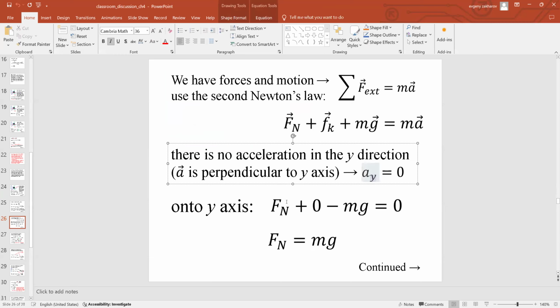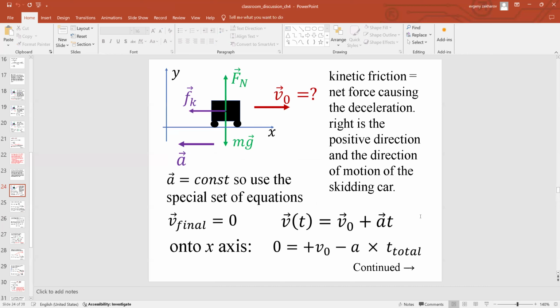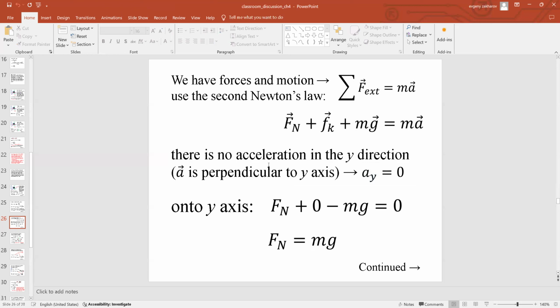So for the y-axis, positive normal, zero kinetic friction because it's perpendicular onto the y-axis, negative gravity, and acceleration is also zero because it's perpendicular onto the y-axis. Do the math, do the algebra. Normal reaction force is the same as gravity. Boom, same as before. We expected that.